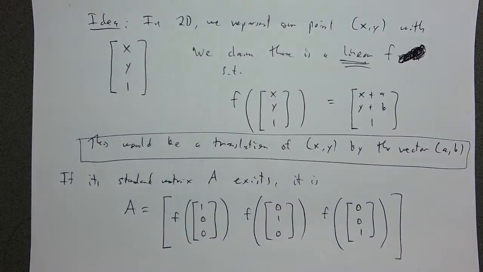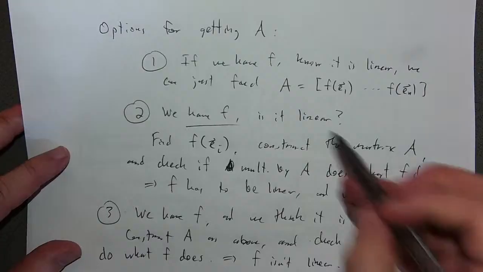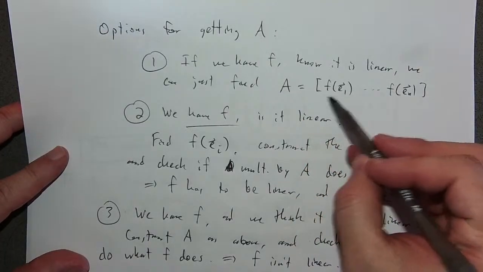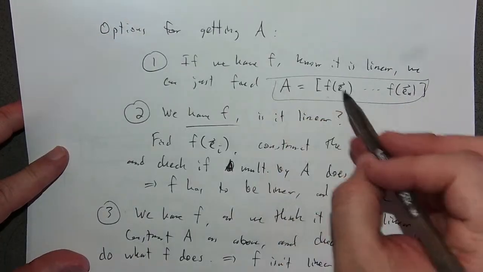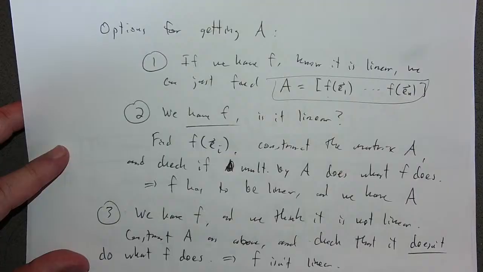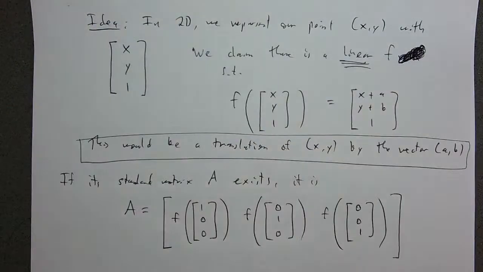Okay. Again, this is our statement going back that this A is simply, its columns are exactly what f does on these standard basis vectors. Okay. So if this standard matrix exists, it has to be this thing.